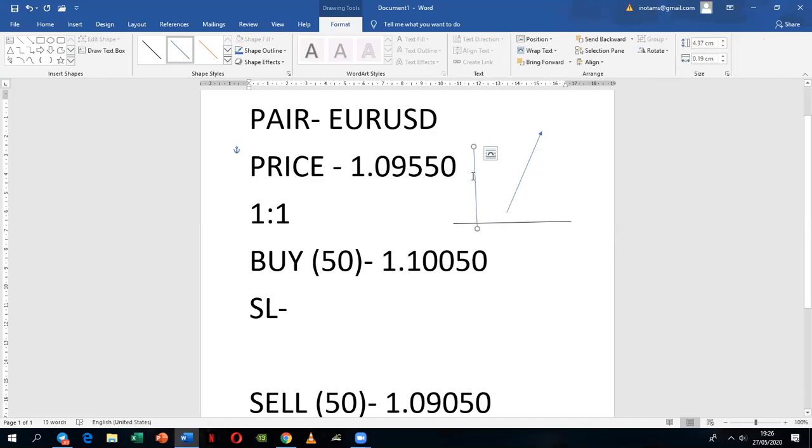This is the chart. If I'm buying, that means I want price to go up. Remember, price is on the right hand side of your vertical axis. So price is usually this side. Okay.